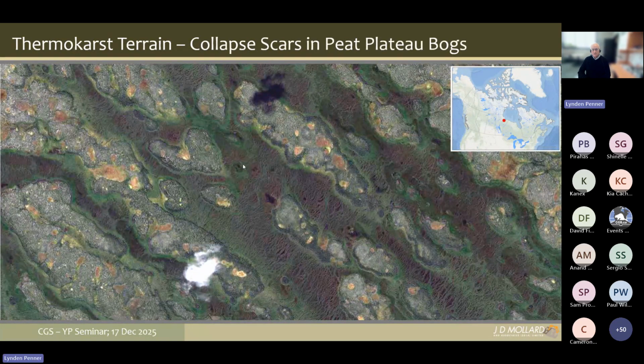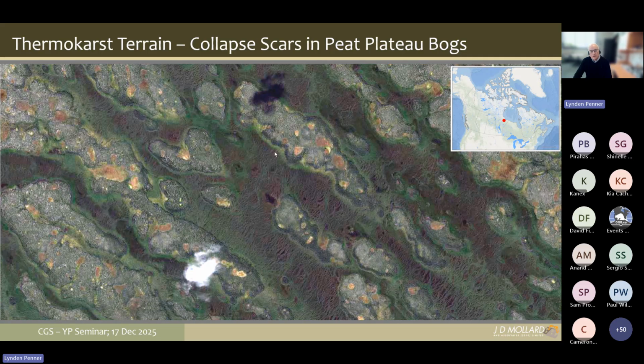Collapse scars. I had this slide earlier, and I've already spoken a little bit about recognizing these collapse scar features, which are diagnostic of permafrost being present within these peat plateau bogs, and then the string fens where you have no permafrost.